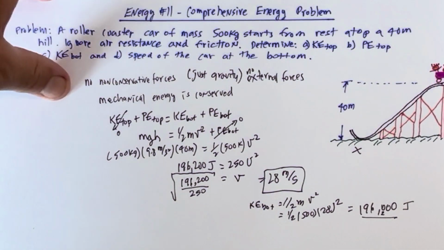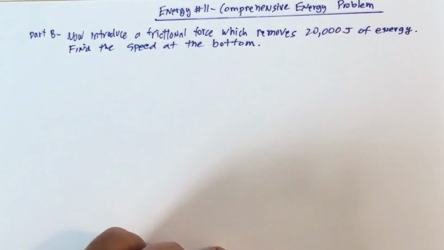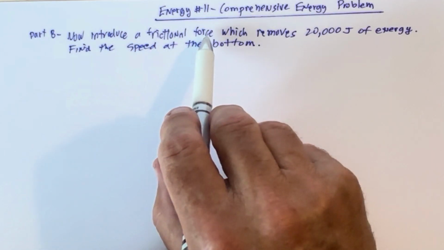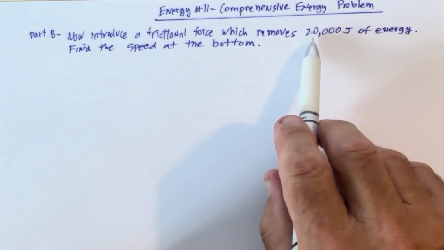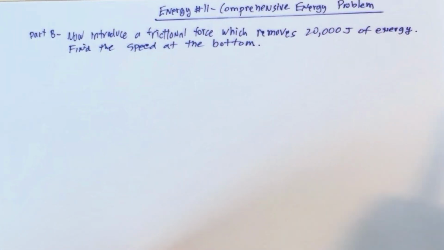Now let's do the second part. Now we're going to make it a little more involved. We're going to introduce a frictional force, which removes 20,000 joules of energy. Find the speed at the bottom. So now we're going to change the speed at the bottom.